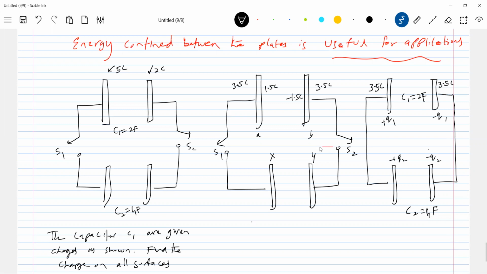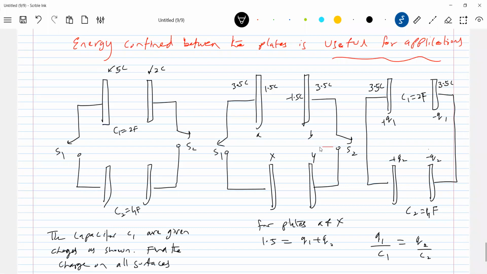Plate A and plate C together, 1.5 is equal to Q1 plus Q2. Write the loop equation, or directly you can write Q1 by C1 equal to Q2 by C2. Solve it, and you get Q1 and Q2.